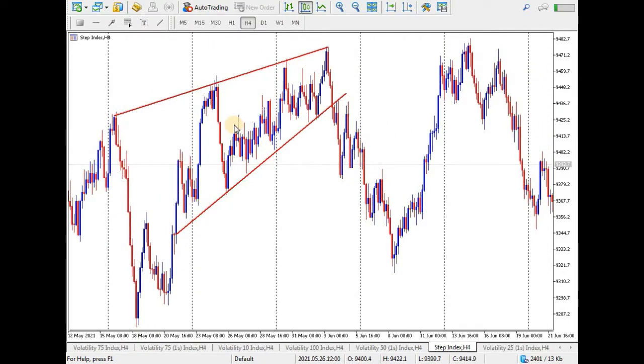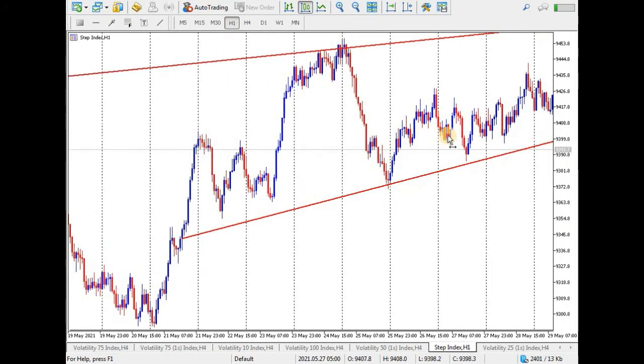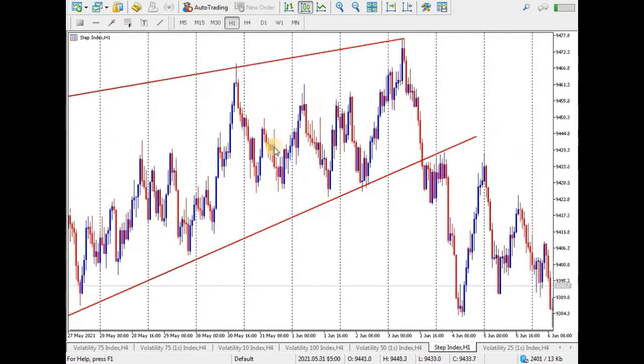In today's video guys, we're going to give you a simplified explanation on how to use order blocks in two different time frames, which are the H4 time frame and the H1 time frame. So many people get confused when they see something like this.